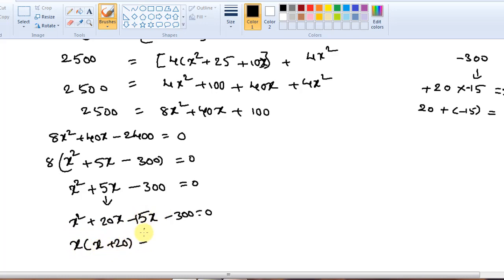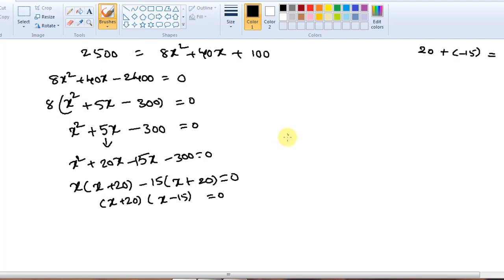Then in the next we can take minus 15 as common, so that we get minus 15 of x plus 20, is equal to 0. On observing this, again we can take x plus 20 as common. So this can be written as x plus 20 of x minus 15 is equal to 0.